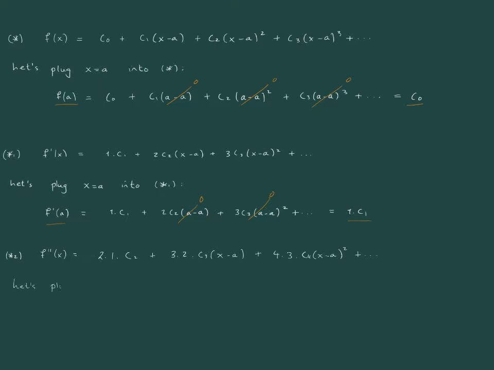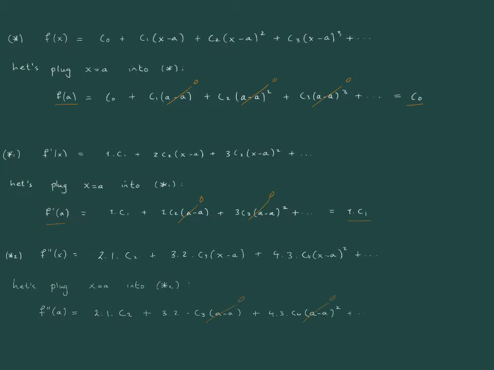And again, we're going to plug in x equals a. And what do we get? f double prime of a equals 2 times 1 times C2 plus 3 times 2 times C3 (a minus a) plus 4 times 3 times C4 times (a minus a) squared, plus dot dot dot. And again, the only term that survives is the first term.